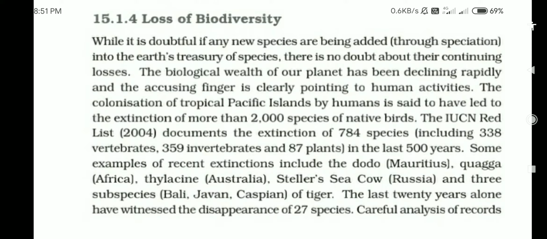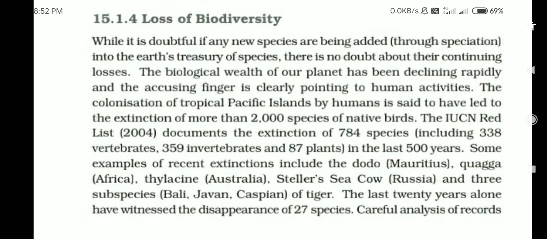The Red Book is a book in which the names of extinct plants and animals are written, those which are vulnerable or going to be extinct. That book is called the IUCN Red Data Book.